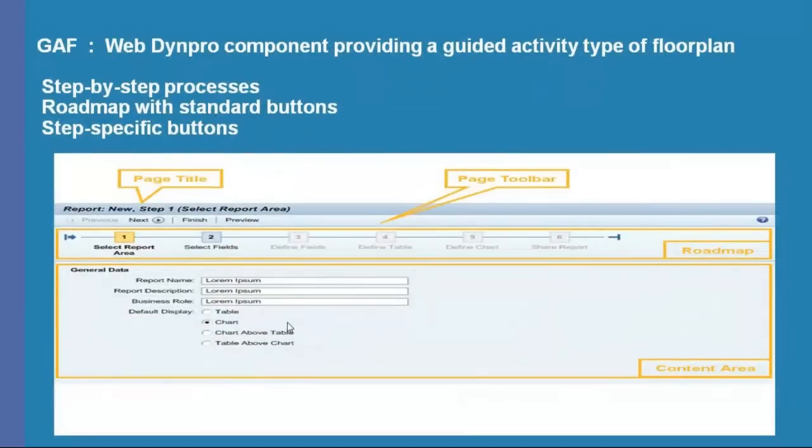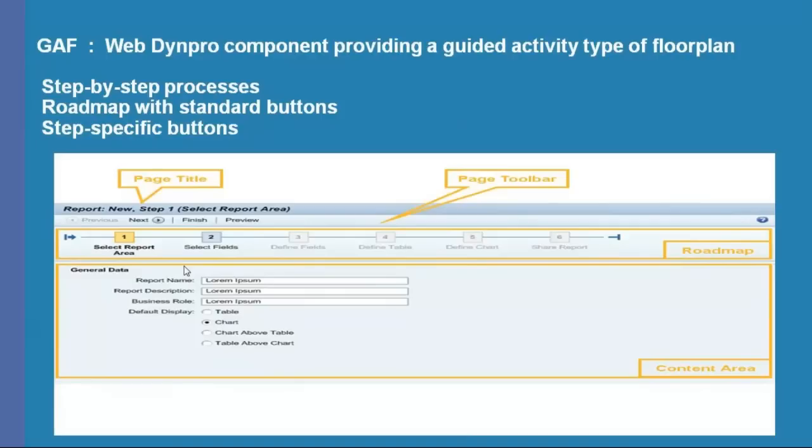Secondly is a GAF, a WebDynpro component providing a guided activity type of floor plan. This kind of component we have seen in some web pages related to job portals. It can be for many other uses, but I'm giving one example, like a job portal.